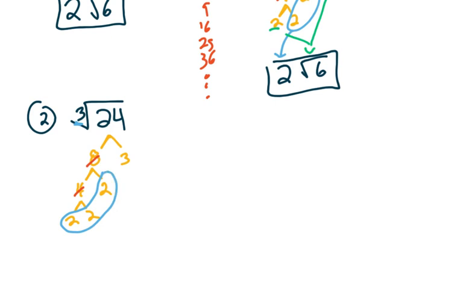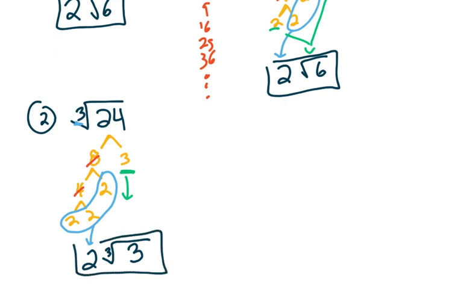So I've got a group of 2's that I circled. This comes outside my radical. Whatever we don't circle stays inside. So this is 2 cube roots of 3.